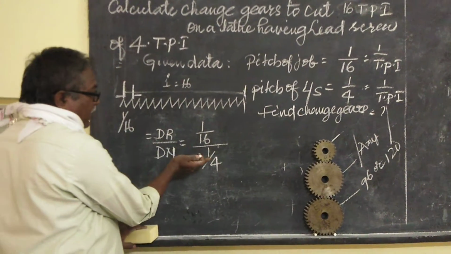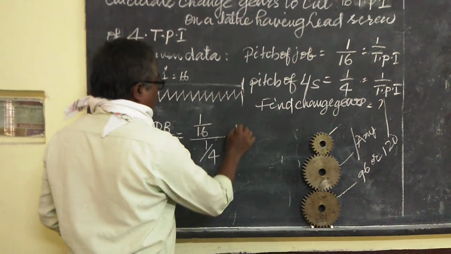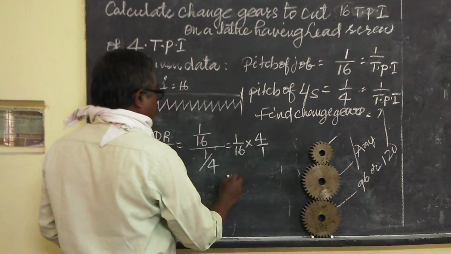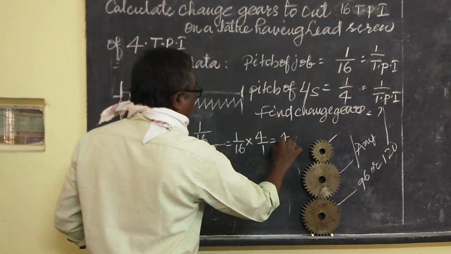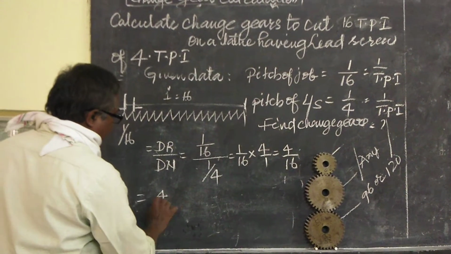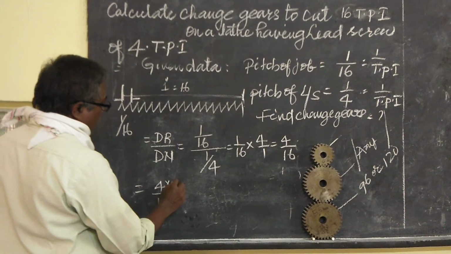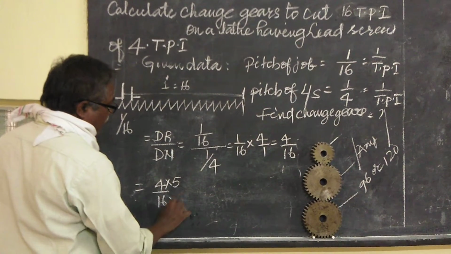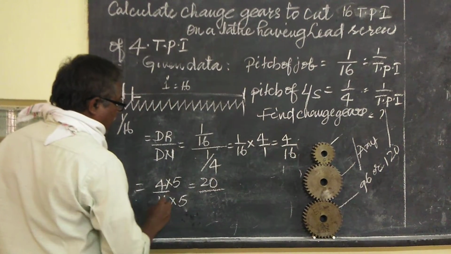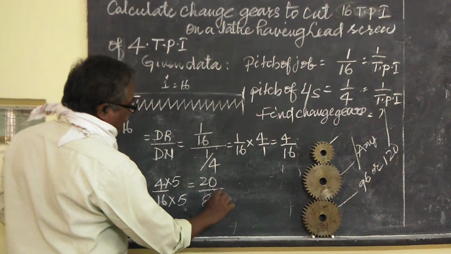The bottom of the fraction will be inverted, that is 1 by 16 into 4 by 1, equal to 4 by 16. Then for 4 by 16, the teeth are not available, so multiply by 5: 4 fives are 20, by 16 fives are 80.